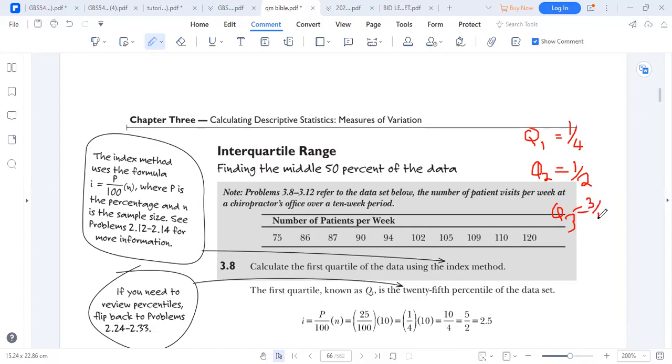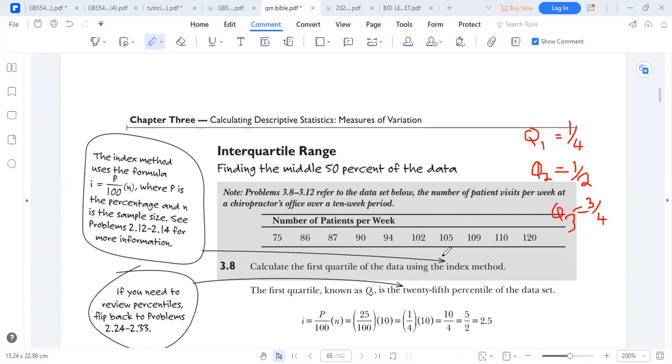So these are the quartiles. They are found by first rearranging your data in ascending order, then calculating the position based on the figures that you have. Fortunately, this data is already rearranged, but you need to always rearrange it.